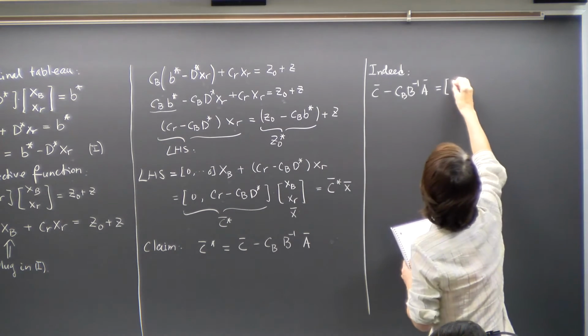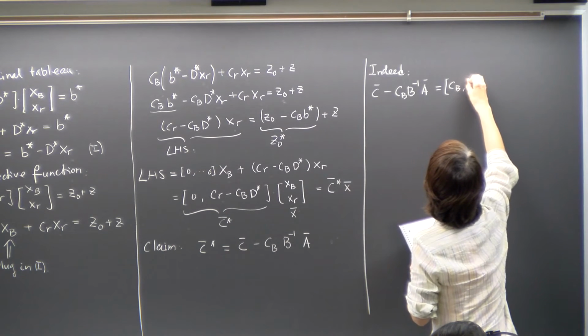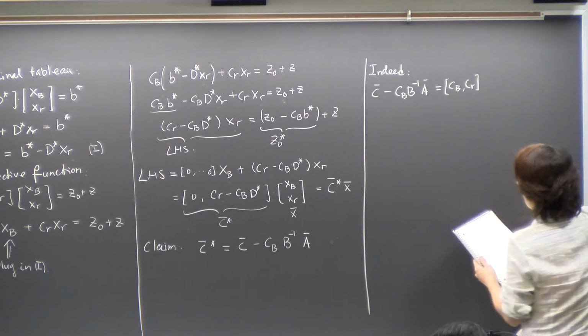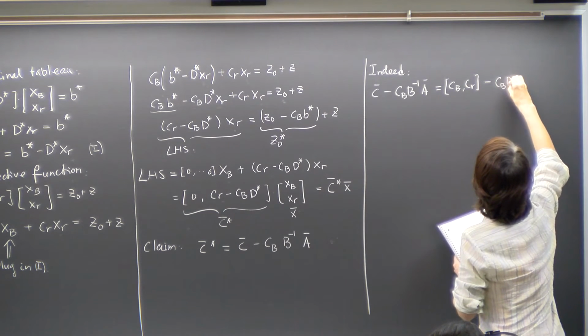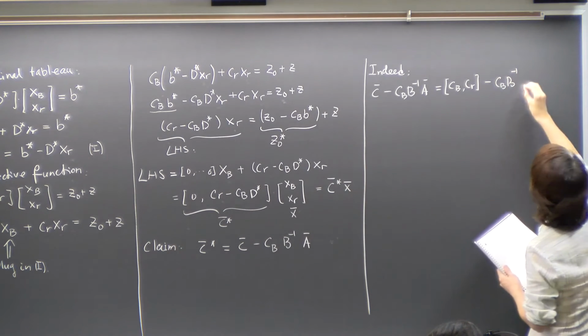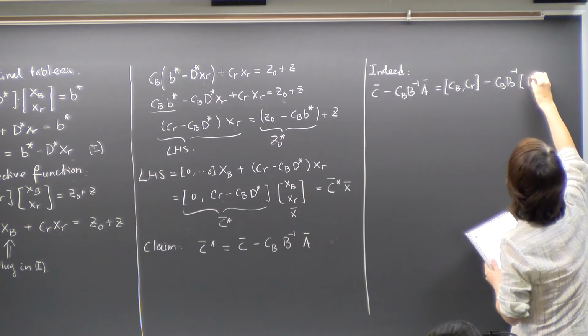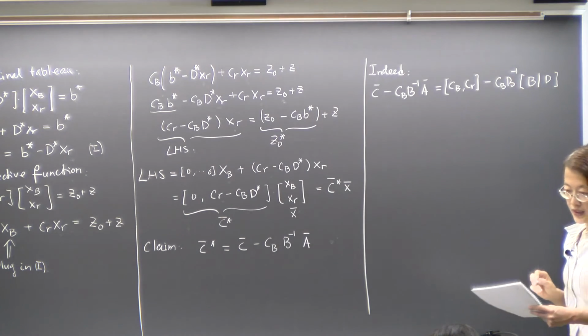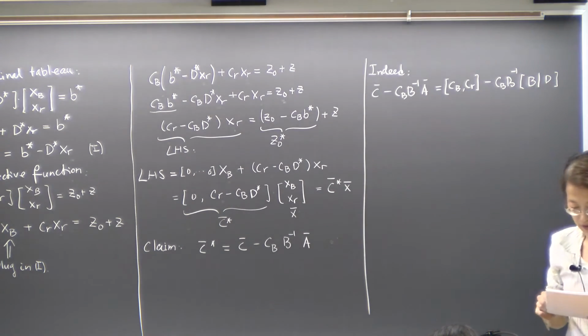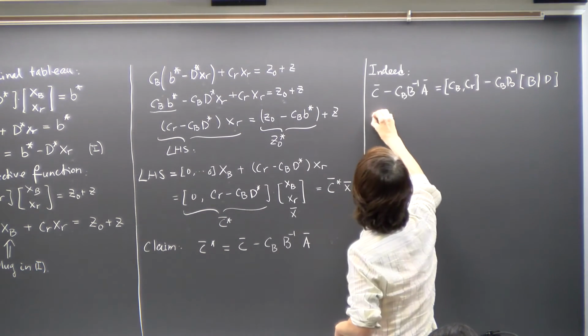C bar, let's write it out, is CB and CR, two vectors, minus CB, B inverse. And what is this A bar? Well, A bar, I can write it as B and D, right? I rearranged it. Okay, let's do a little computation.